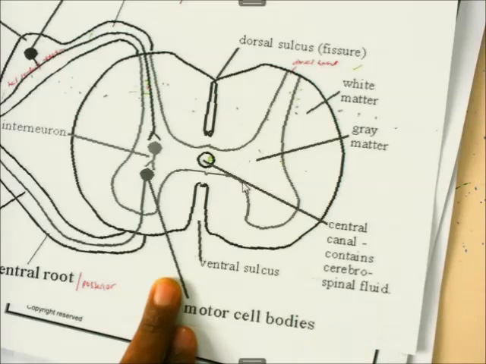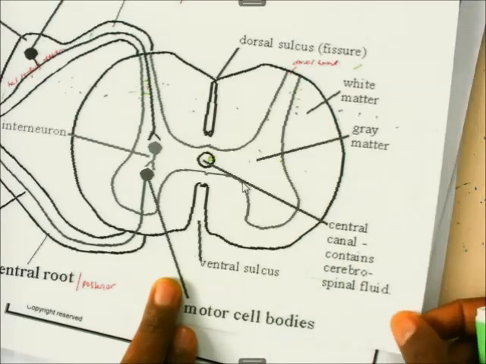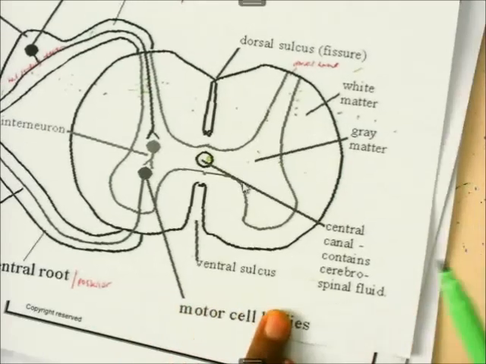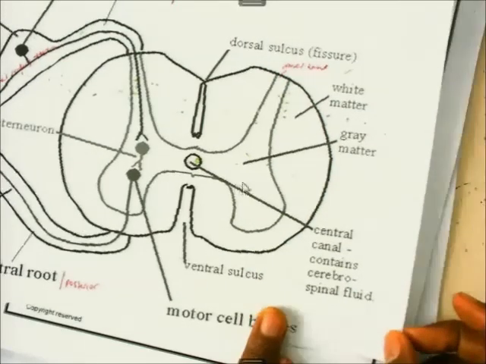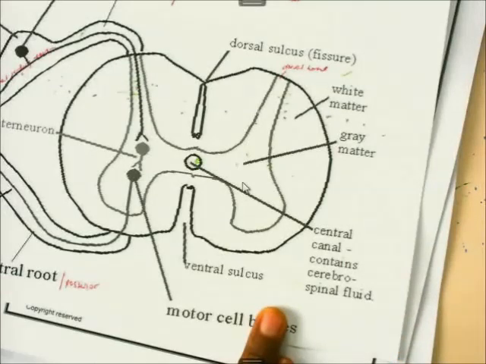It removes waste from the spinal cord. And number three, it acts as a cushion by preventing the spinal cord from bumping.